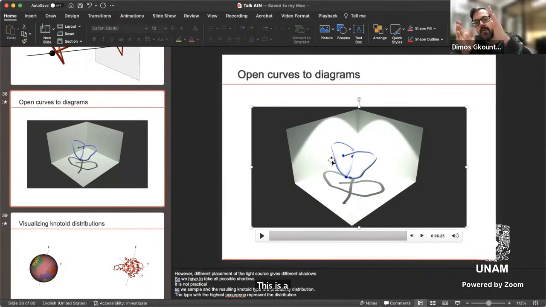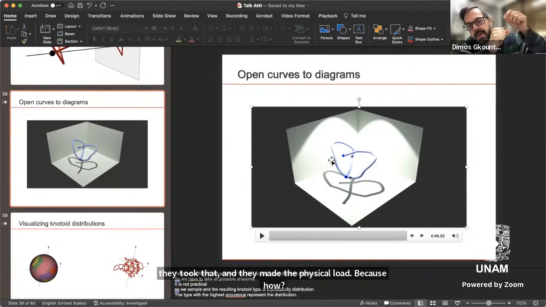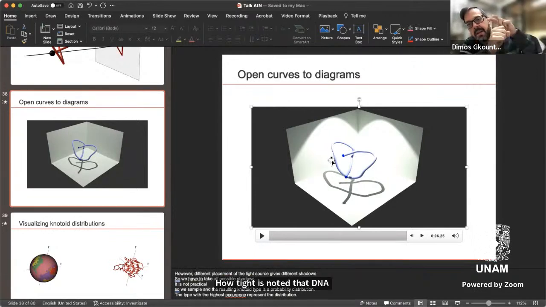So how can we take this and quantify it into a number? They took that and made the physical knot, because how tightly knotted that DNA circle is makes it travel faster in that gel. So yeah, there is a biological need there.